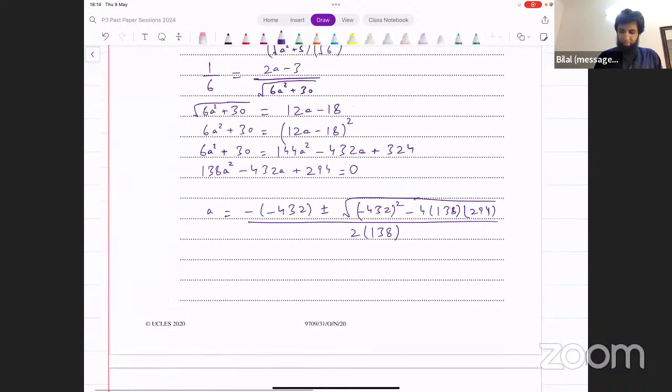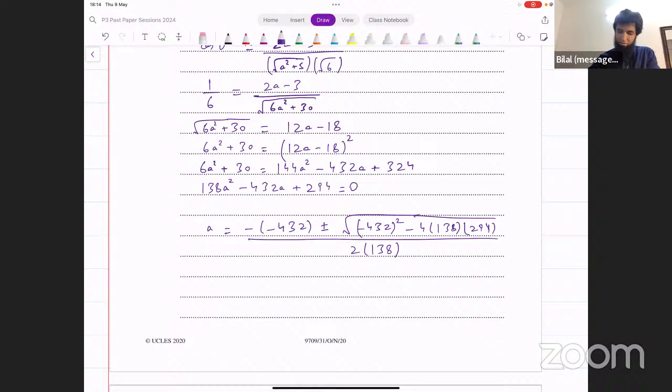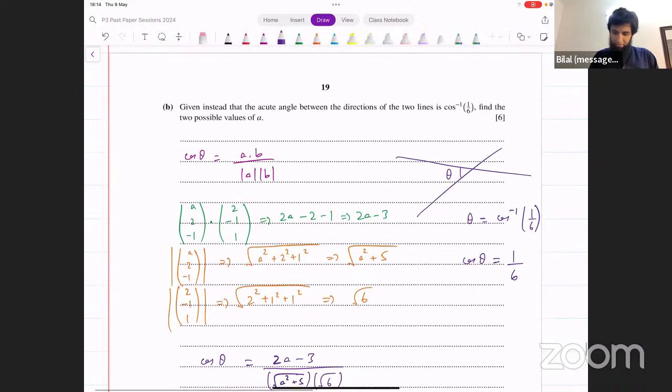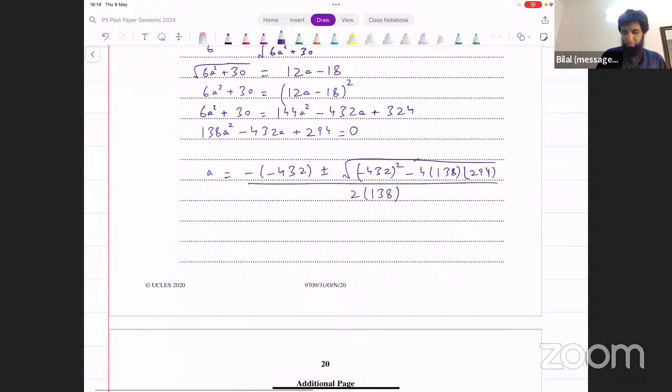Okay, so what do we do now? By the way, we haven't used this yet, acute angle. So we might need to take care if we have a problem there. Let me see what we get from this. A equals what? Using the quadratic equation of degree 2 with 138, minus 432 and 294, that is giving me one possible value, 49 over 23, and another possible value which is 1.